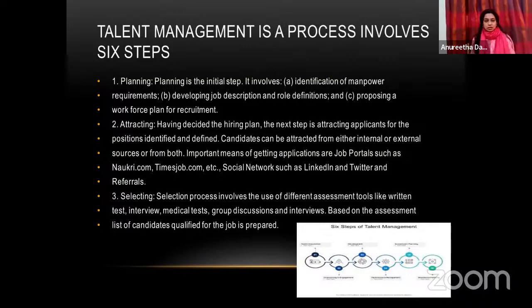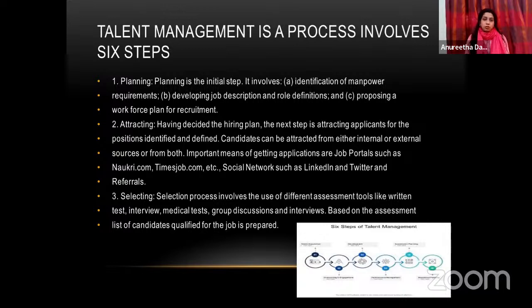Then is attracting. Attracting internal and external sources both, right? So that is the job board. So you decide the hiring plan. Attracting applicants, showing why they need to join our organization, is also very important. If you don't do that, you will never have the right talent in your organization.